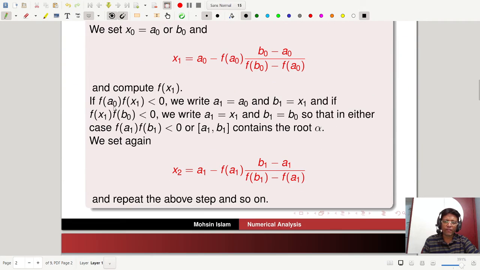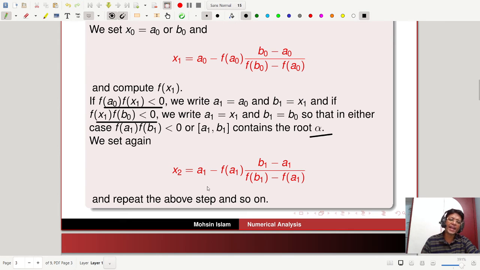So if f(a0) f(x1) < 0, we write a1 equal to a0 and b1 equal to x1. And if f(x1) f(b0) < 0, we write a1 equal to x1 and b1 equal to b0. So that in either case, f(a1) f(b1) < 0 and [a1, b1] contains the root alpha. That is the concept.